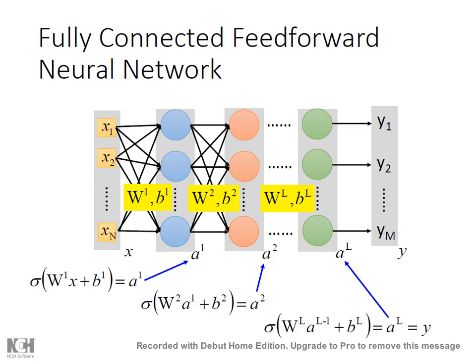Then just follow this process, and finally you will obtain your final output AL. The L-th layer is the final output. We denote it as Y. Okay. So it's called a fully connected feed-forward neural network.